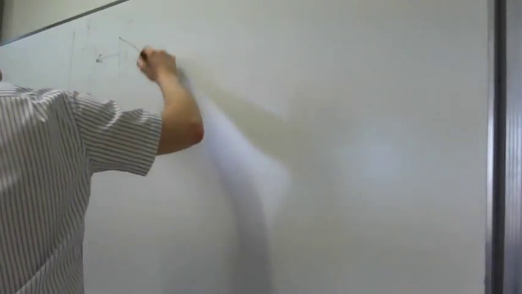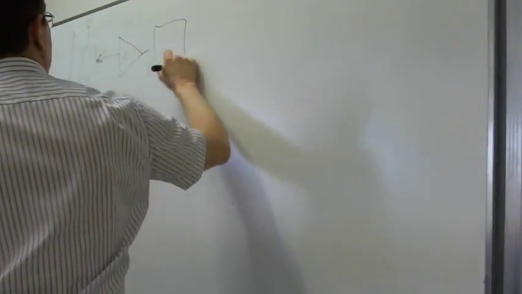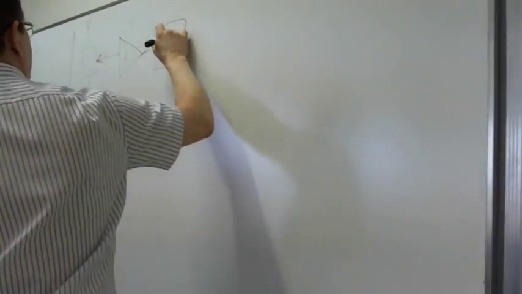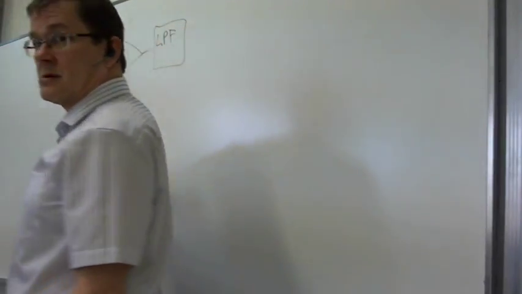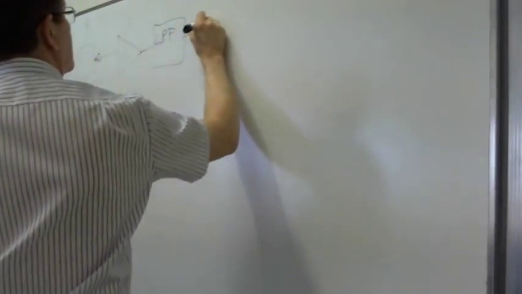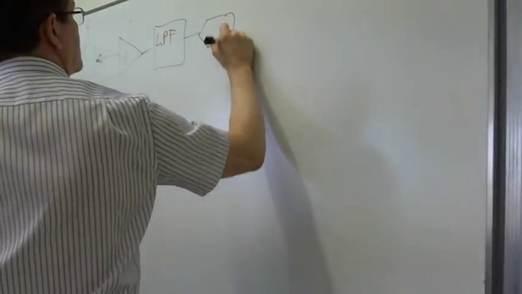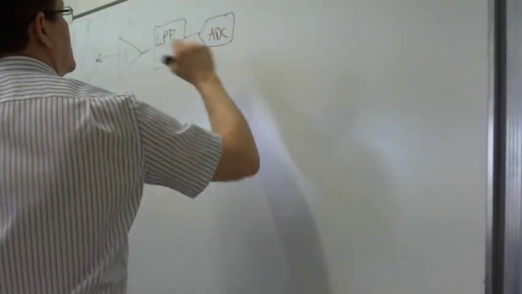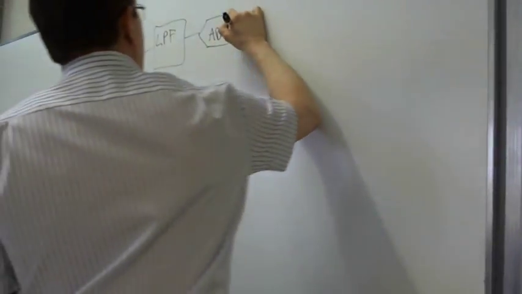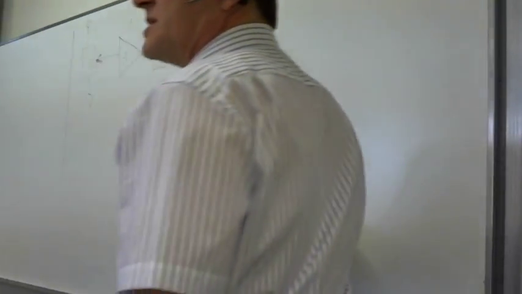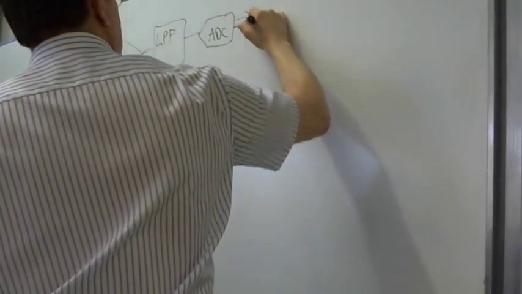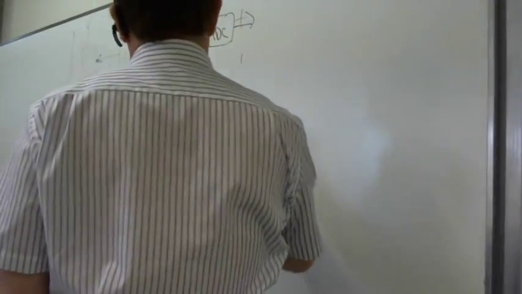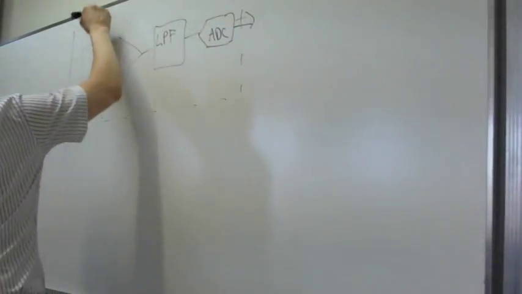We don't know that yet, but that's my guess. Then we have the low pass filter. So basically I want to get rid of some of the noise already on this path. And then the A to D converter. Okay, and then it goes to digital. So that's done on hardware.